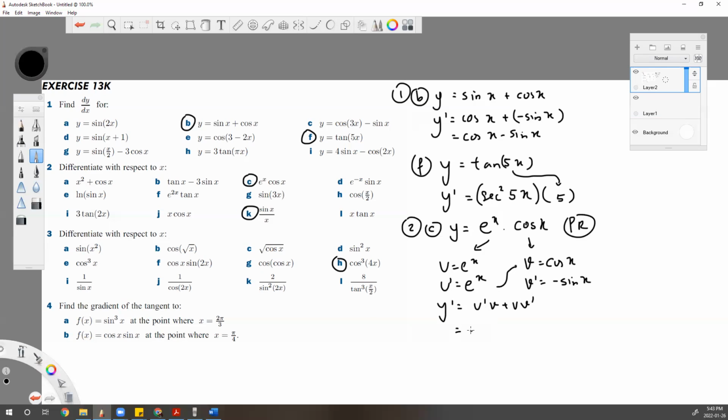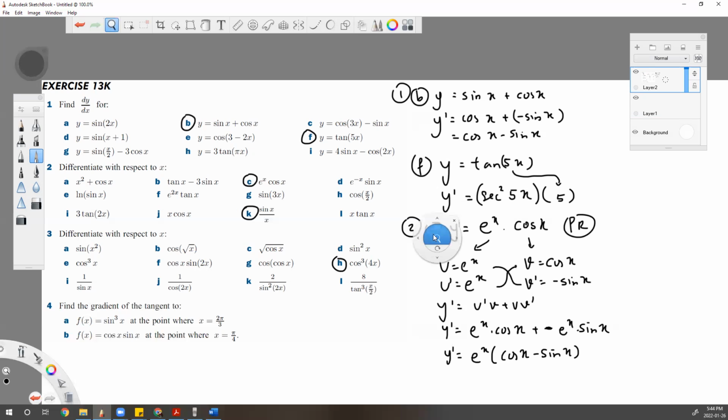There you go. e to the power x times cos x plus, I tend to put the negative in front, so the sine x will be like that. E to the power x bracket cos x minus sine x. Done.